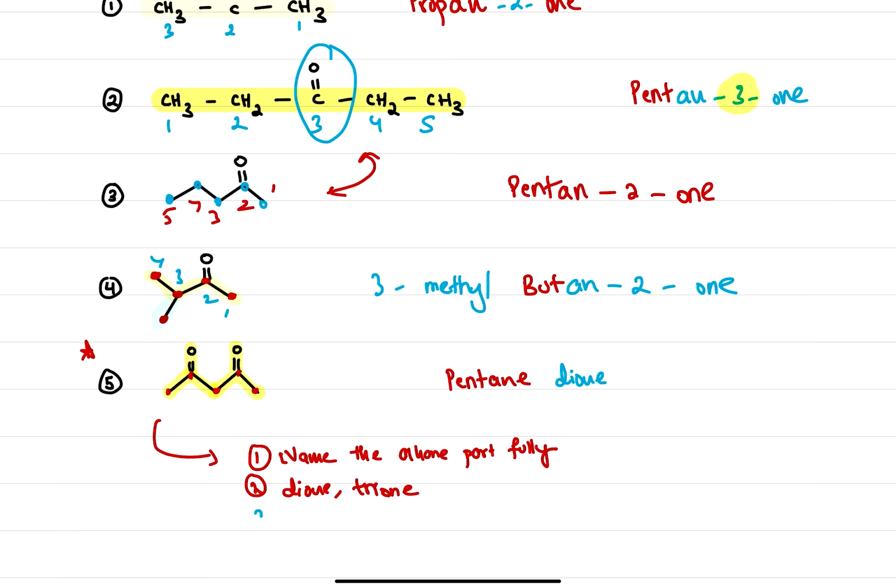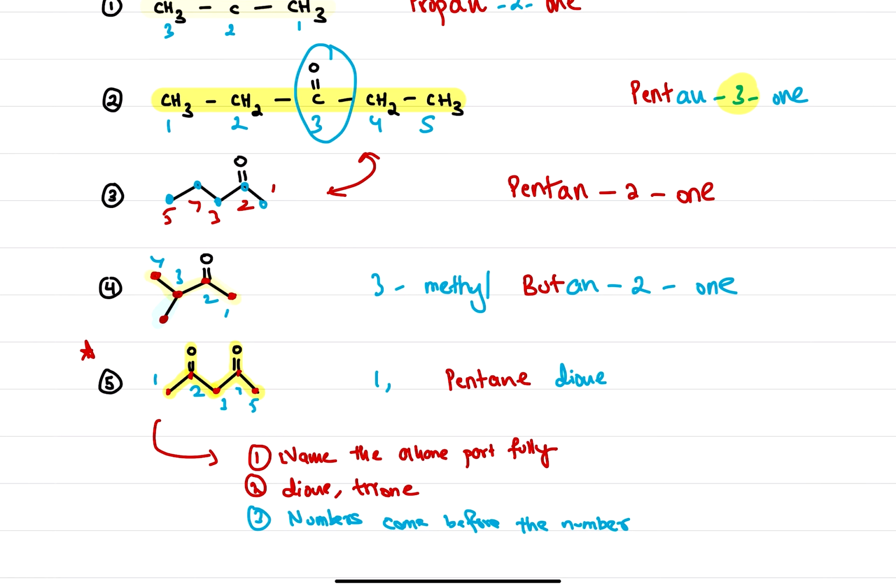And the third thing is numbers come before the name. Although in alcohols we place the numbers in the middle, between the full name of the alkane and the diol or triol, in the case of ketones, we put it at the start. So let me number this 1, 2, 3, 4, 5. I can see the second carbon and the fourth carbon have this ketone group involved.